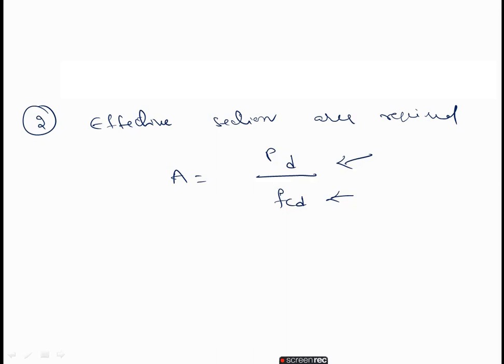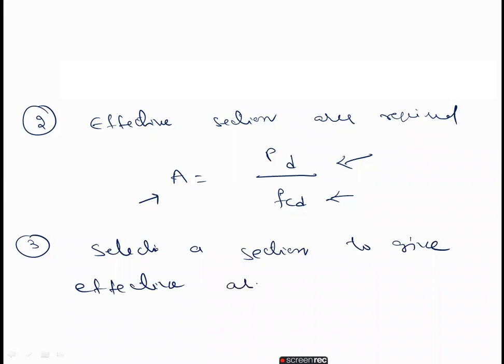The third step: once you get the area, you have to select a section to give the effective area required, and based on that section, calculate the r minimum value.